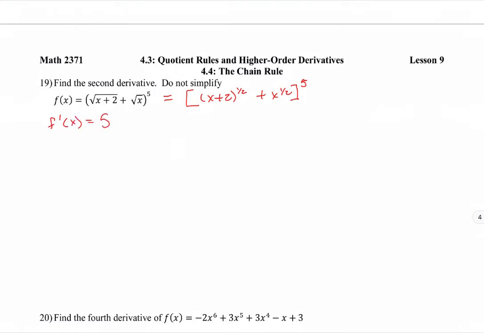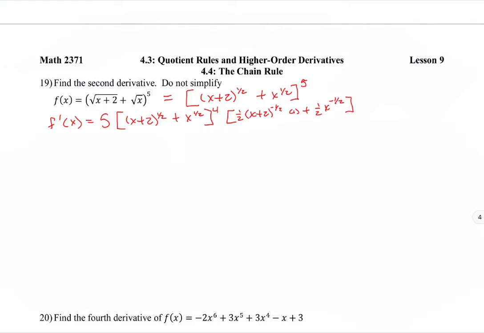So that's going to be 5 times (x plus 2 to the 1/2 plus x to the 1/2) to the 4th times the derivative of the inside, which is 1/2 times x plus 2 to the negative 1/2 plus 1/2 x to the negative 1/2.